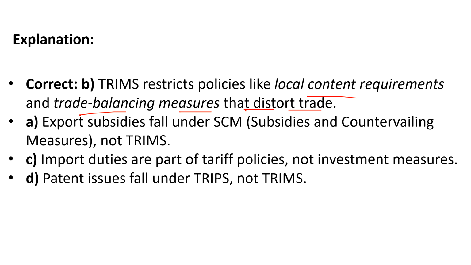We have completed this point in the theory session. Export subsidies fall under SCM, subsidies and countervailing measures, not TRIMS. Import duties are part of tariff policies, not investment measures. Patent issues fall under TRIPS, not TRIMS. So these are the wrong answers. You have an explanation of it.